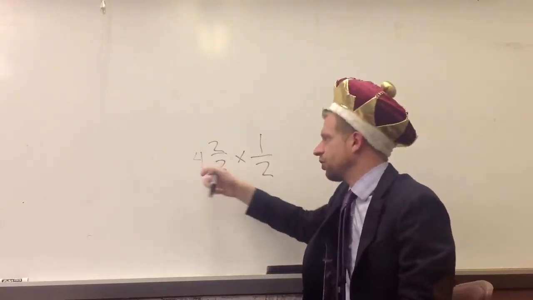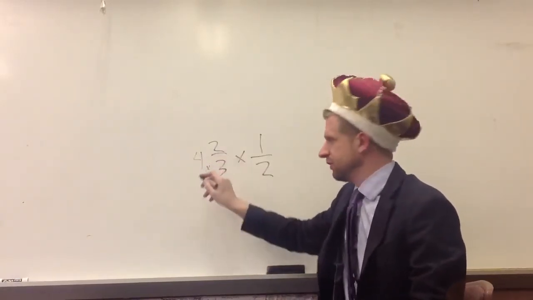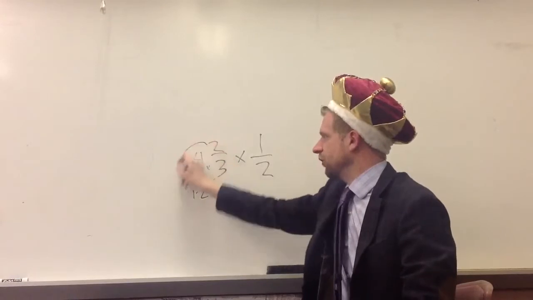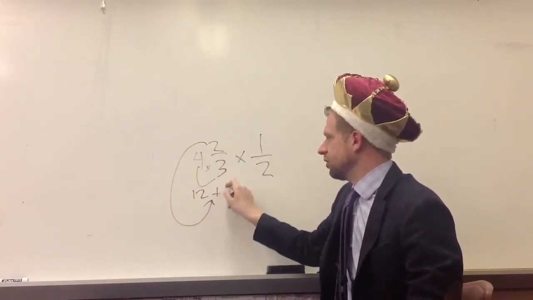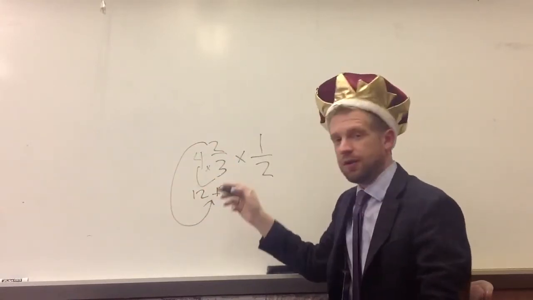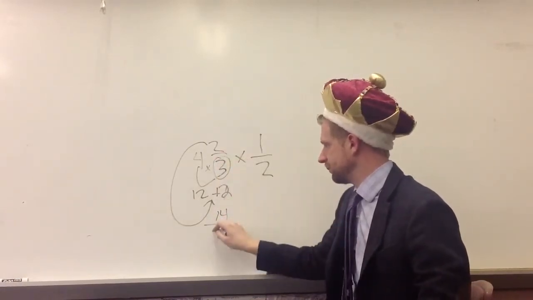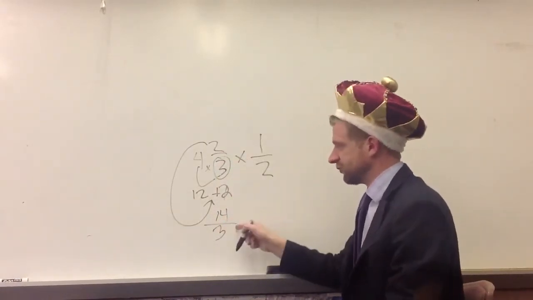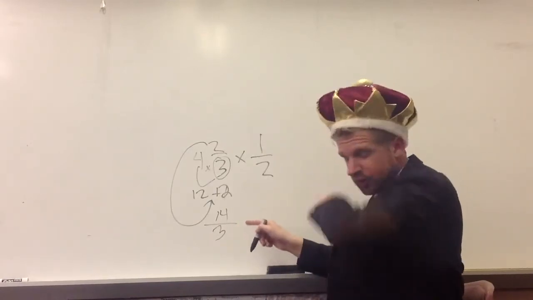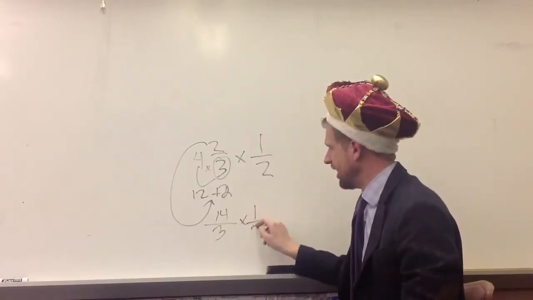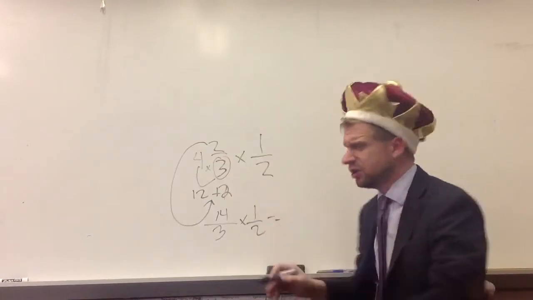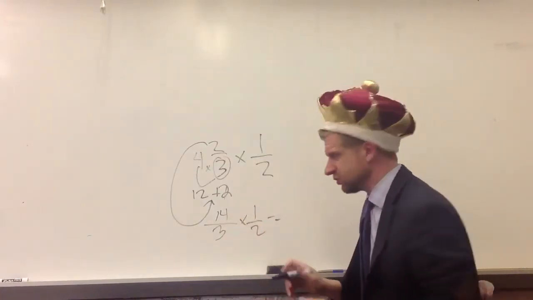So I go 4 times 3 gives me what? Gives me 12. And I bring down my numerator. 12 plus 2 gives me 14. Excellent. 14/3. So my new fraction is 14/3 times 1/2. So when I do that, I now look, can I cross cancel anything?